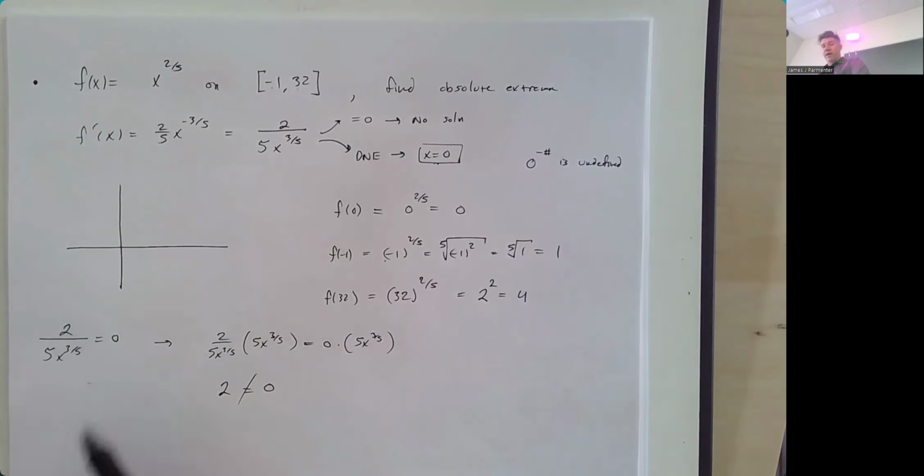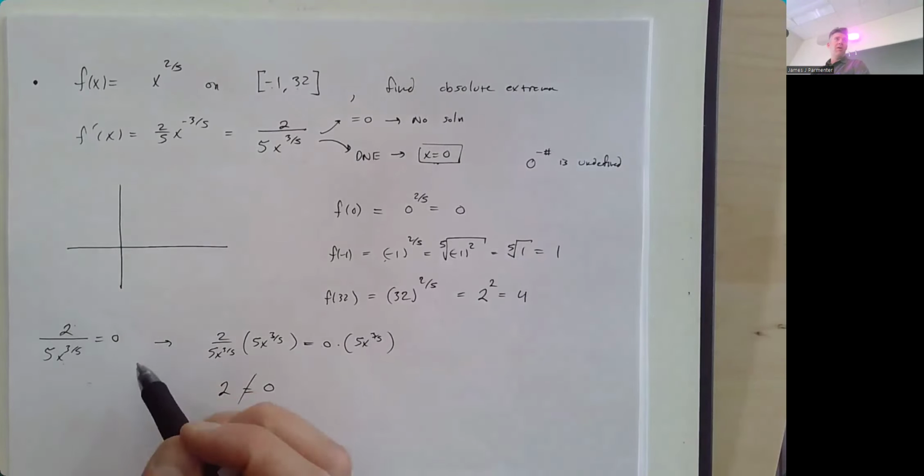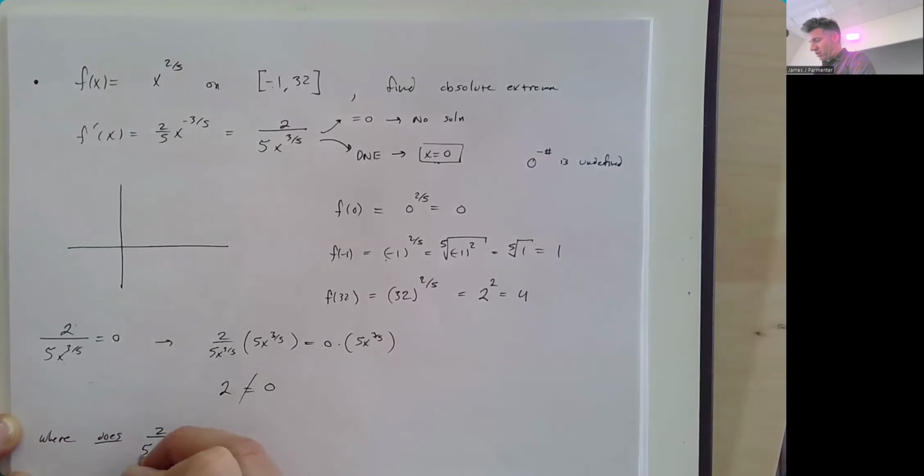The shortcut way of seeing that is saying, I know that if a fraction is going to be equal to 0, the numerator has to be able to be equal to 0. But 2 is not 0, so it's never equal to 0. On the other hand, for what values of x does 2 over 5x to the 3/5 not exist?